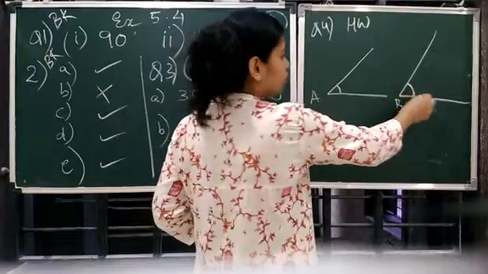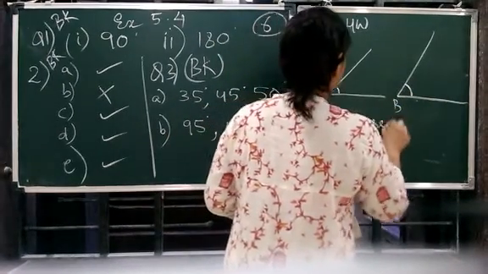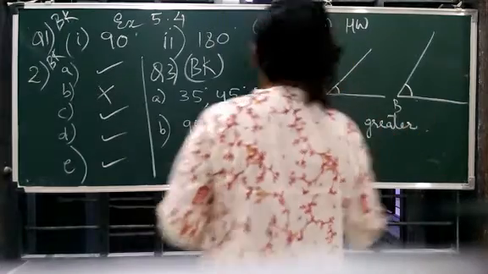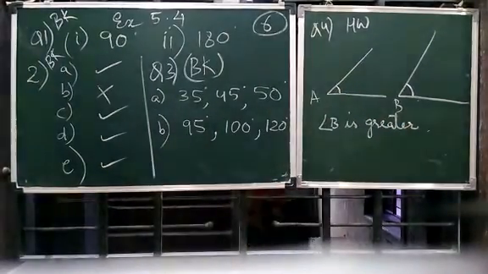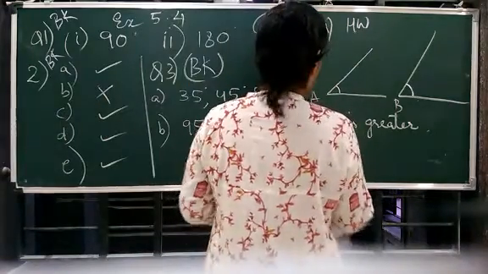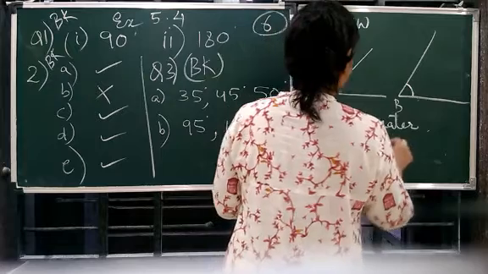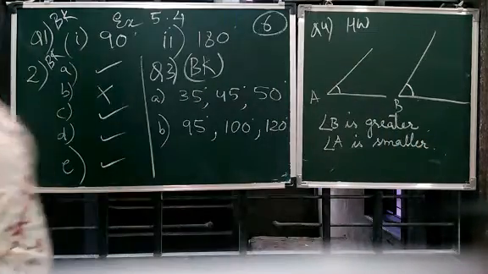This arc is greater. So obviously angle B is greater. Angle B is greater. And what about angle A? Obviously angle A will be smaller. Angle A is smaller. Okay?